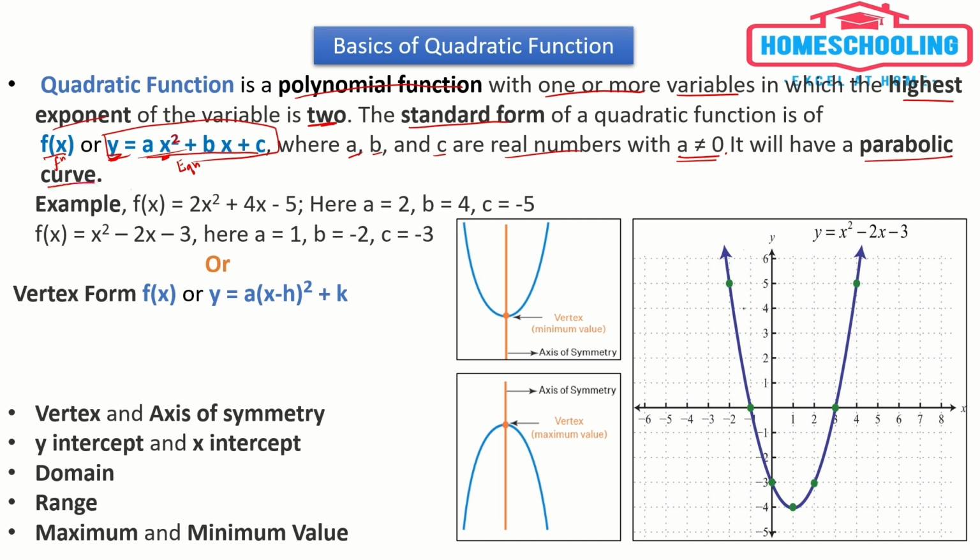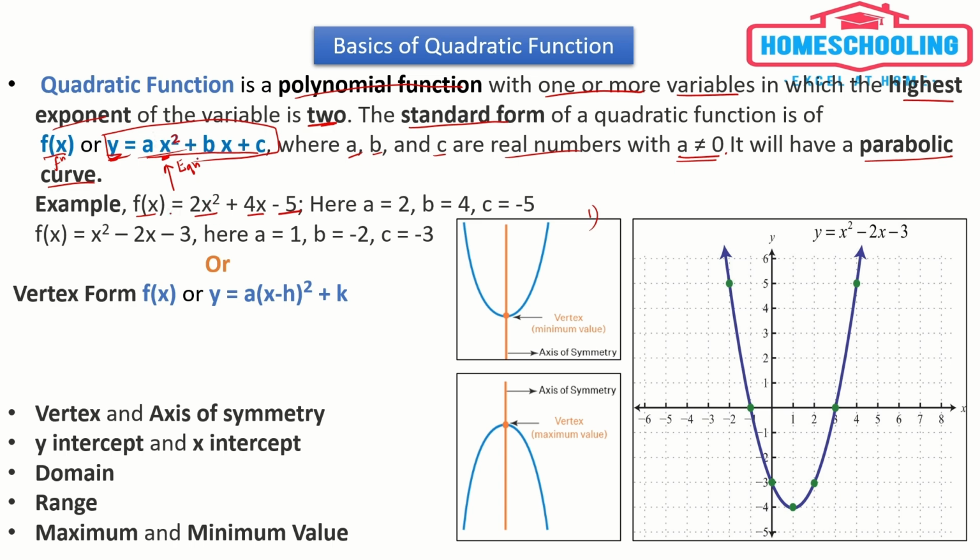The parabolic curve can be of two types. In the first type, the parabola will have an opening in the upward direction, and the other parabolic curve will have an opening in the downward direction. Now let's take an example of a quadratic function. Let's say f(x) = 2x² + 4x − 5.